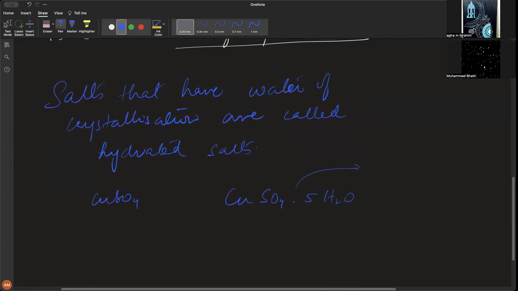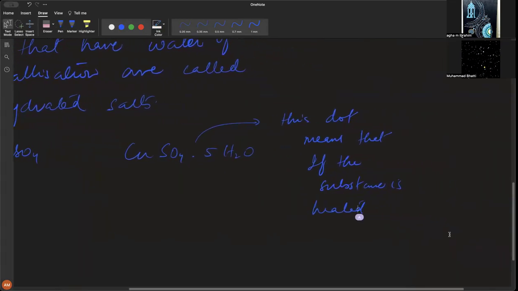This dot means that if the substance is heated, everything after the dot will be given off. This is what this dot means.